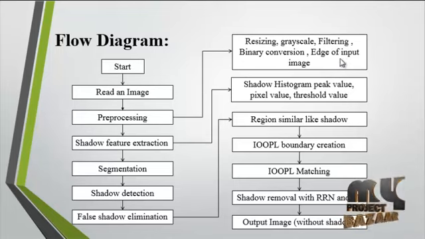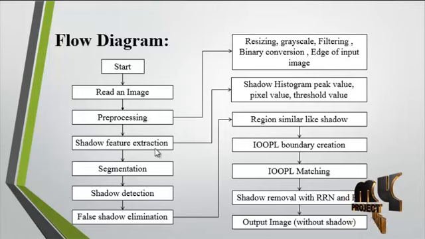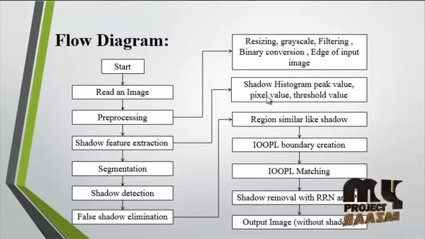Then edge detection is carried out using the Canny edge method. After the pre-processing, the shadow feature extraction is carried out. In the shadow feature extraction, the shadow histogram peak value level and the threshold value are gathered from the pre-processed image. After the shadow features are extracted, the segmentation is carried out.